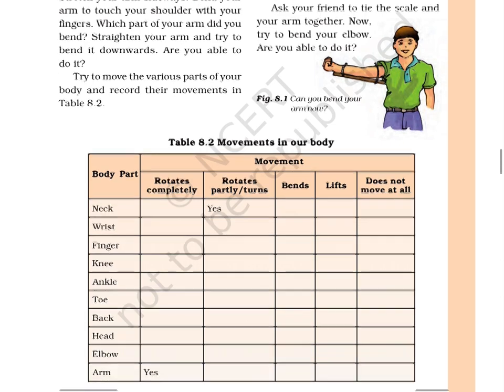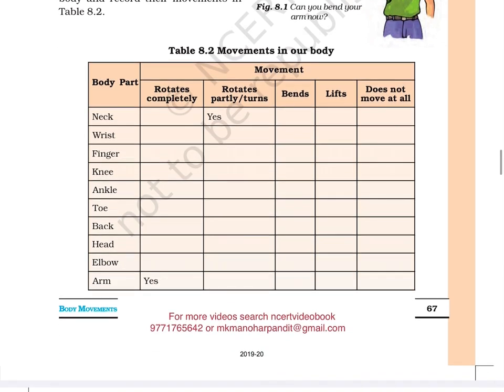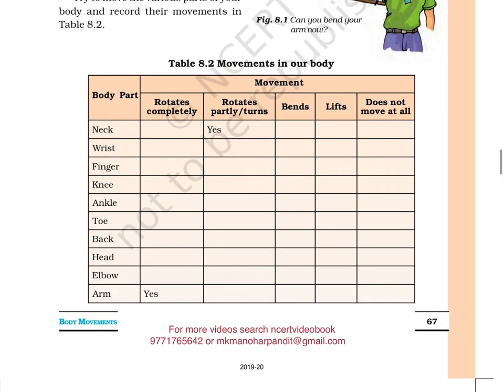Table 8.2. Movements in our body. The table is divided into 2 broad columns, body part and movement. Column movement is subdivided into 5 categories: rotates completely, rotates partly or turns, bends, lifts, does not move at all.